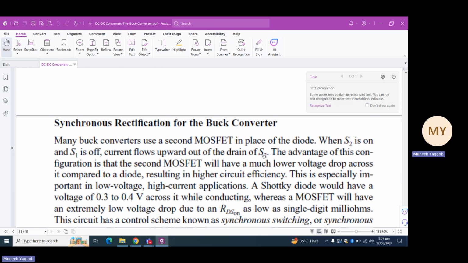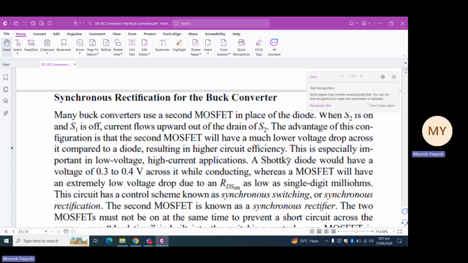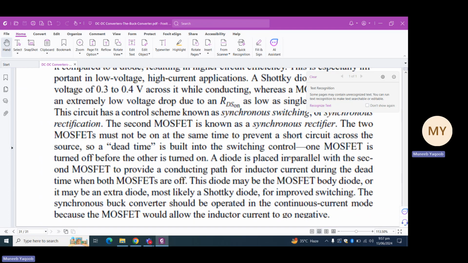Why do we do so? Because a MOSFET has a relatively low voltage drop as compared to the diode. And the reason is basically its RDS, that is the drain to source resistance when the transistor is on. So this is basically dealt here.